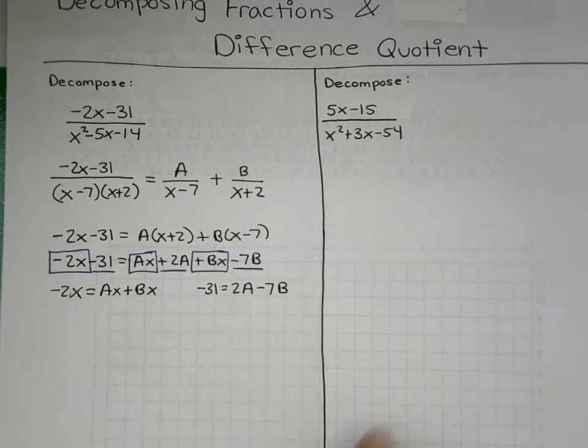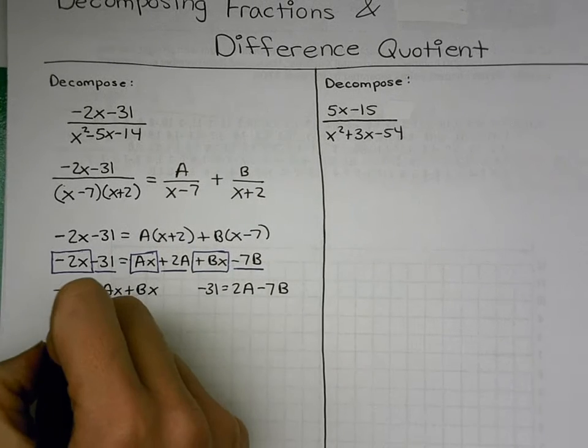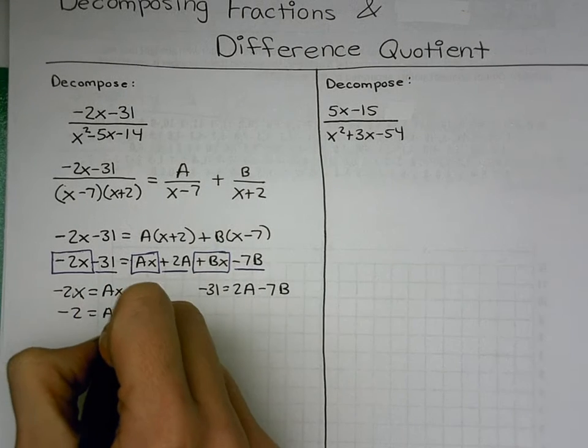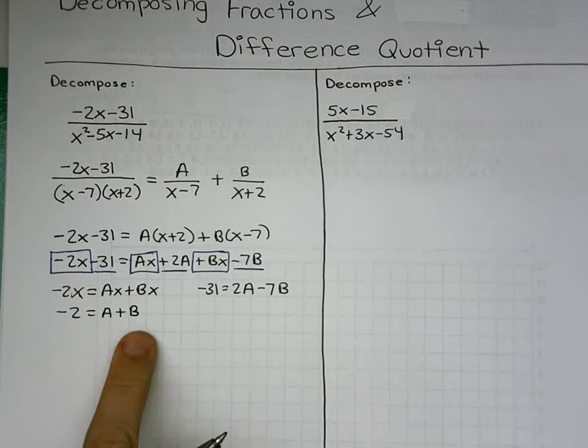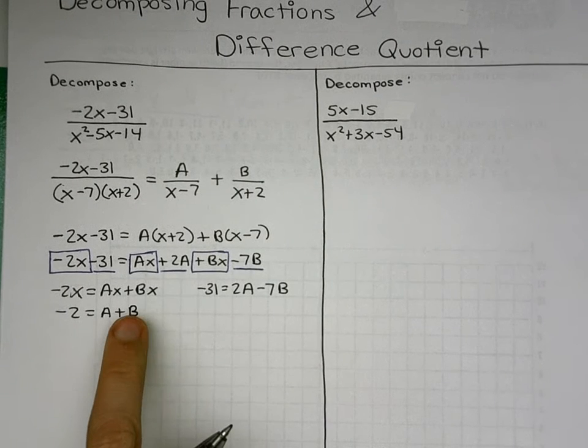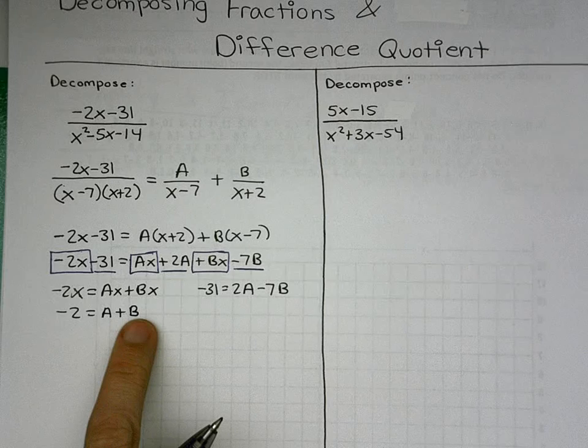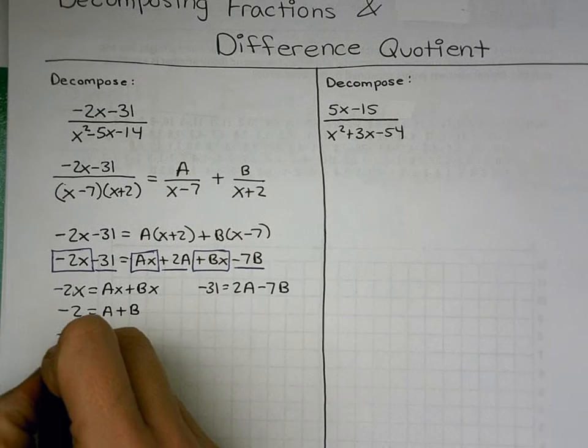Dividing the x through on this one, we have negative 2 equals a plus b, which will allow me to solve for one of my variables. It does not matter which one you solve for. I'm going to go ahead and solve for a here by subtracting b over to the other side.